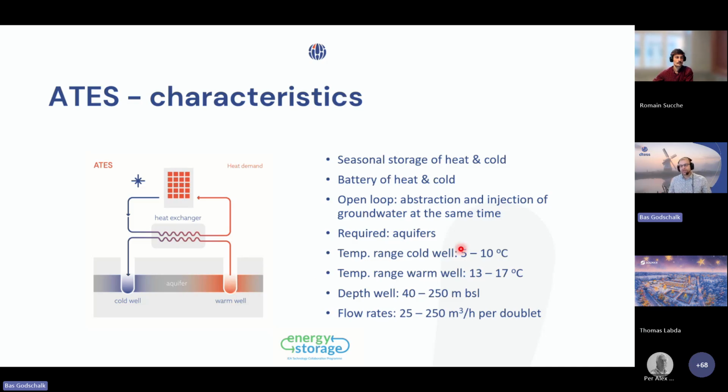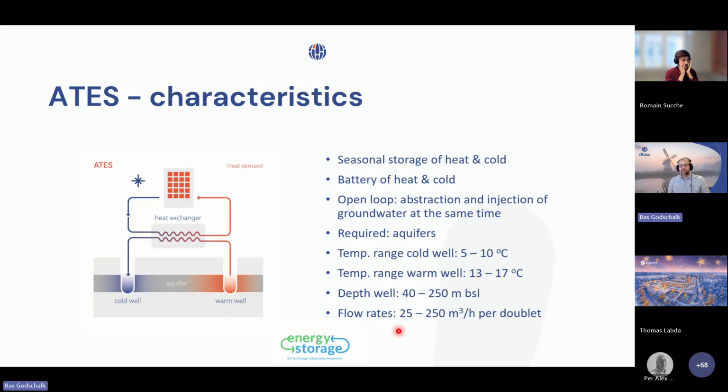Typical temperature ranges are for the cold well, we create bubbles of around 5 to 10 degrees, and in the warm well between 13 to 20, 25 degrees, depends a little bit on the project specifications. Typical depths for the aquifers are between 40 to 250 meter, and then of course you need to check what is the best aquifer to apply it.